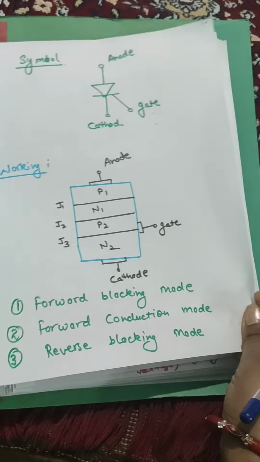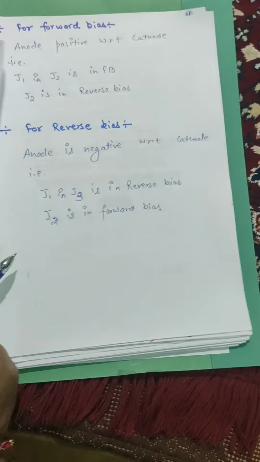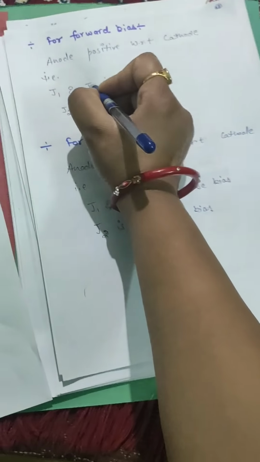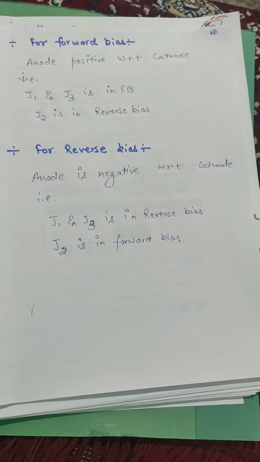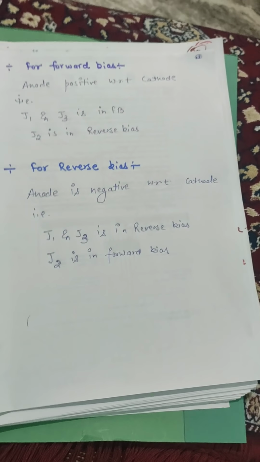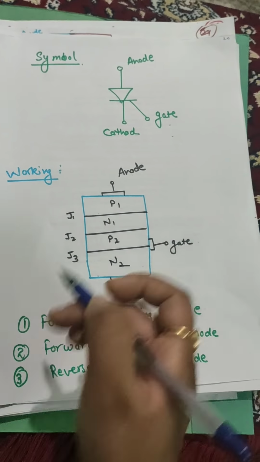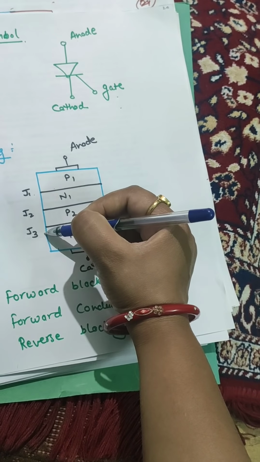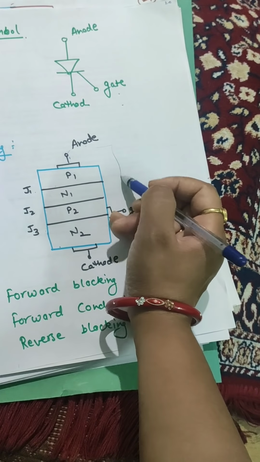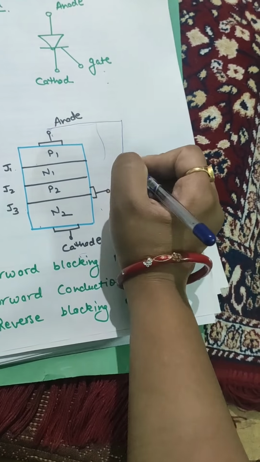In forward blocking mode, J1 and J3 will be in forward biasing and J2 will be in reverse biasing. Anode to cathode will be forward like this.